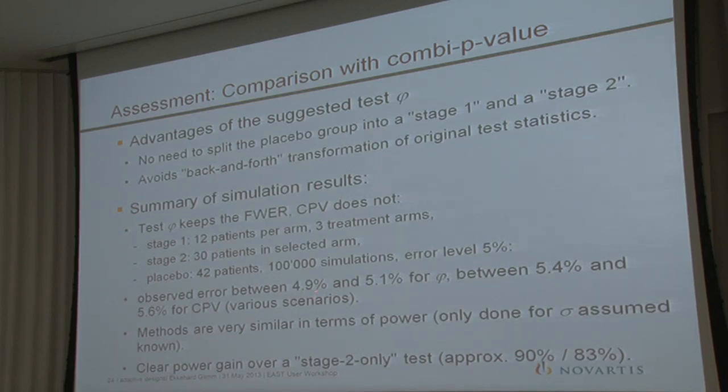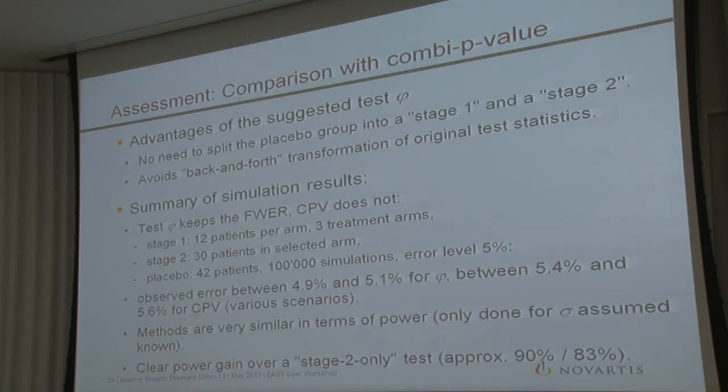And then, of course, you can see that you plug in the estimated sigma as if it were known in the type 1 error. So I did 3 arms with 12 patients in stage 1, and then 30 patients in the selected arm, and 42 patients on placebo, 100,000 simulations with an average level of 5%.